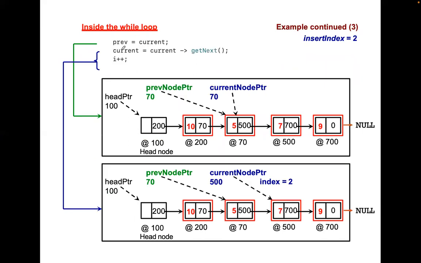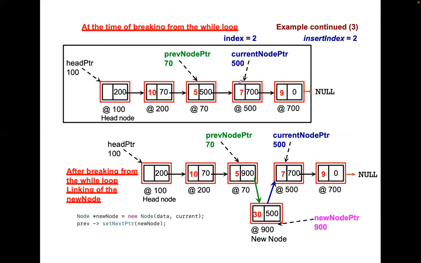When the I value is the same as index, we break outside of the loop. At that point, let's look at where the pointers are pointing. Current node is pointing to the value 7 and the previous node is pointing to the value 5. So instead of 7 we have to have value 30 here.